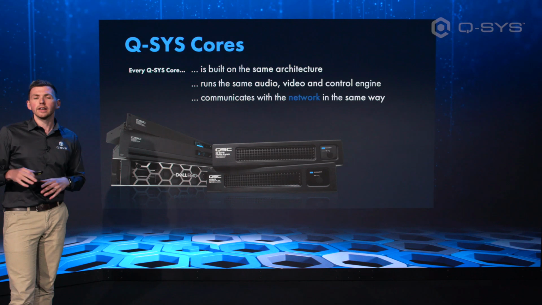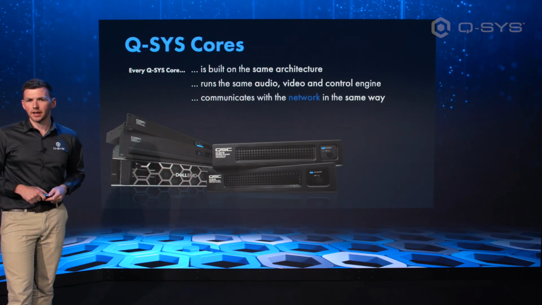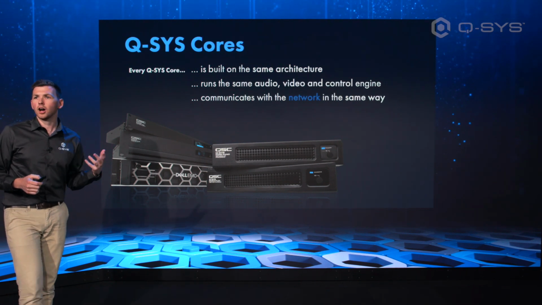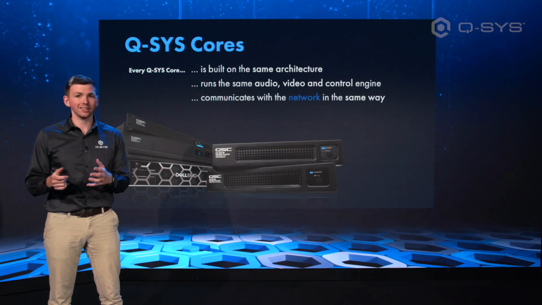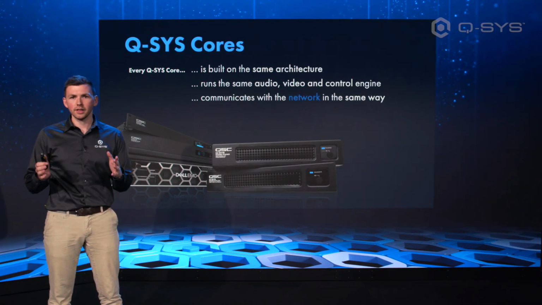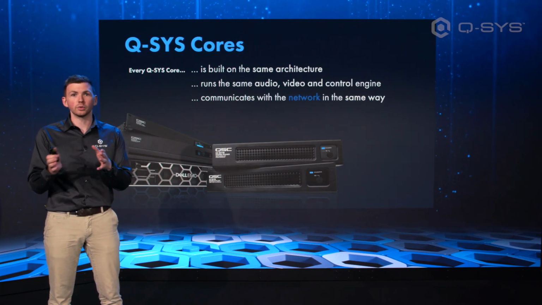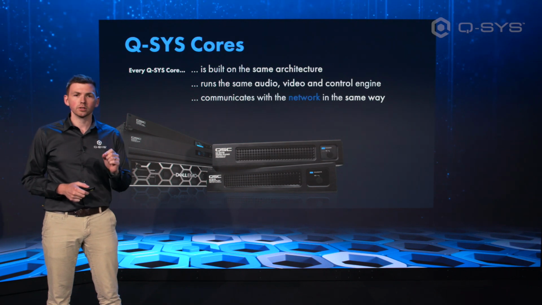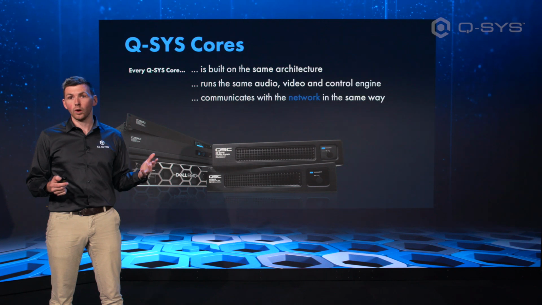But mostly, in terms of the way they need to work with the IT system, these are actually the same. They all use the same hardware architecture. They all run the same audio, video, and control engine. The same software runs on all of these, so they can all do the exact same things. It's really a question of scale which would make you go between one or the other. And importantly, they all communicate with the network in exactly the same way.